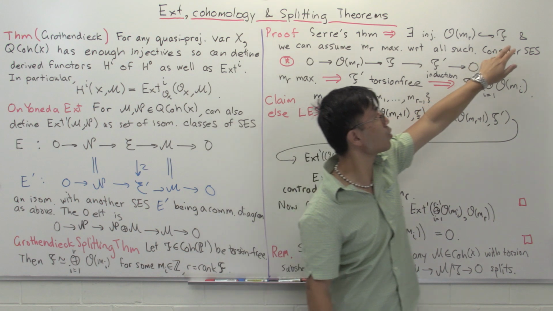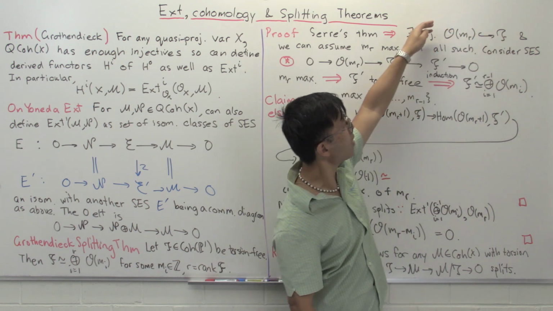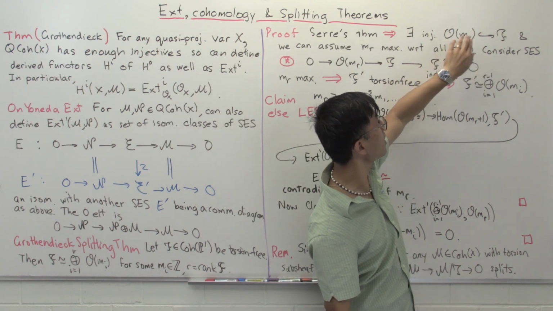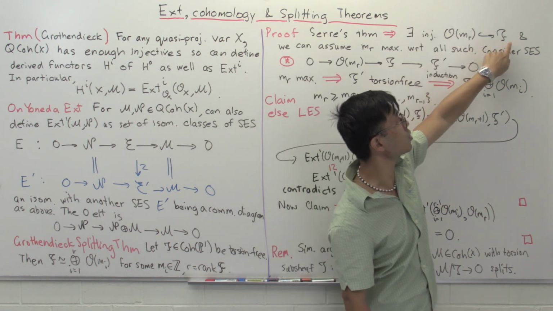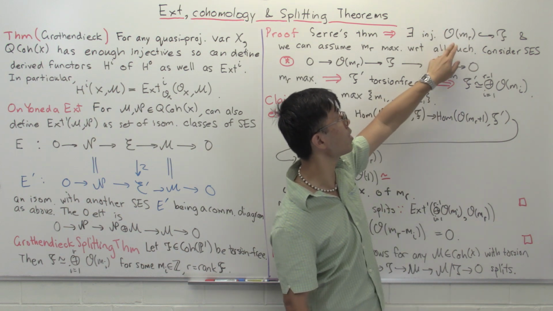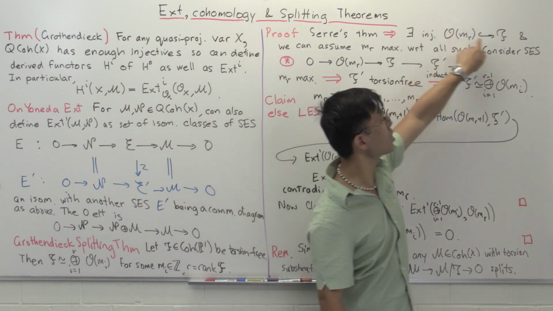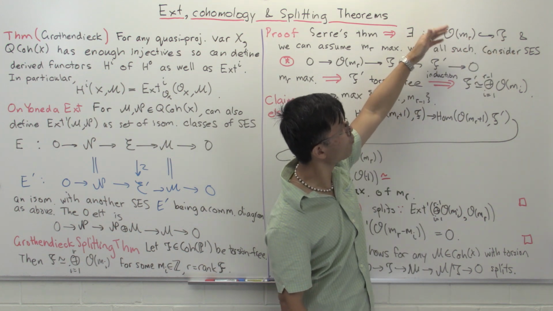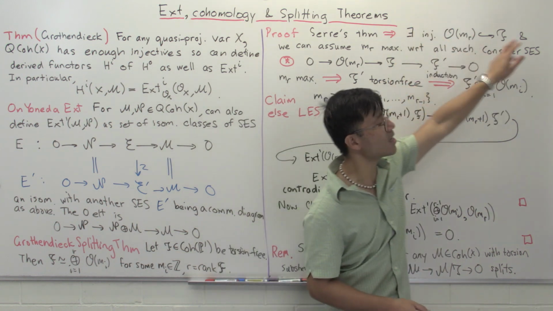And since F is torsion-free, if this has a nonzero kernel, then since it's an invertible sheaf, if you look locally on any patch, the kernel will also be full rank, so you get something that's torsion in the image. So it has to actually be injective.